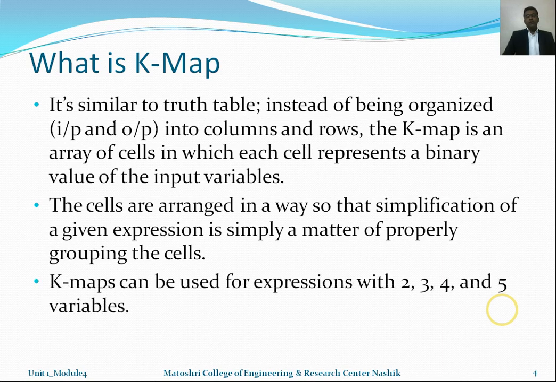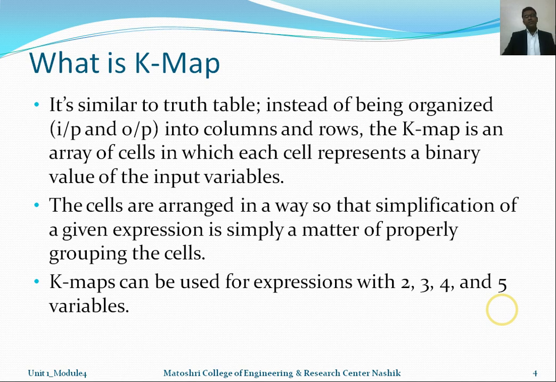The K-map can be used for expressions with 2, 3, 4 and 5 variables. It is clearly stated that this K-map is capable of simplifying a maximum of 5 variables and a minimum of 2 variables. This is a simplification technique.